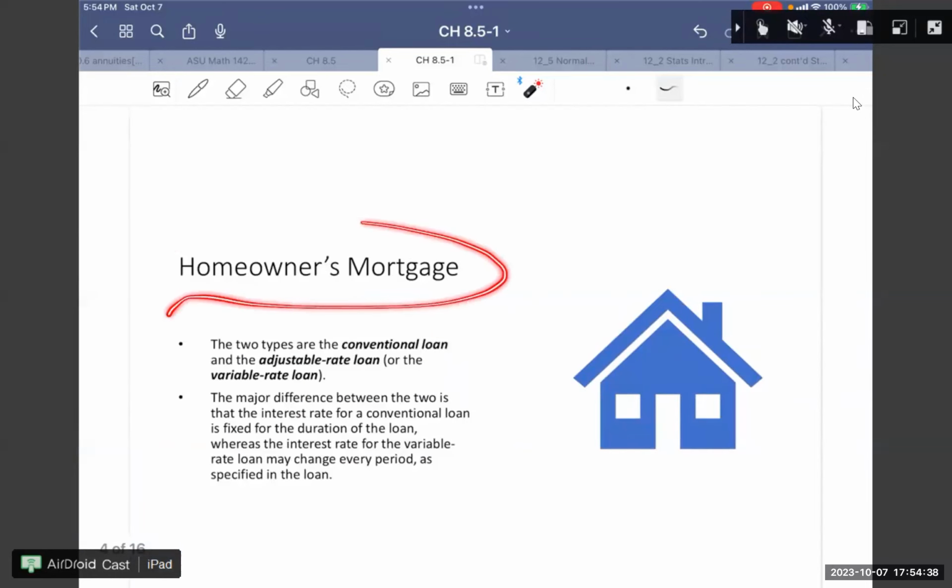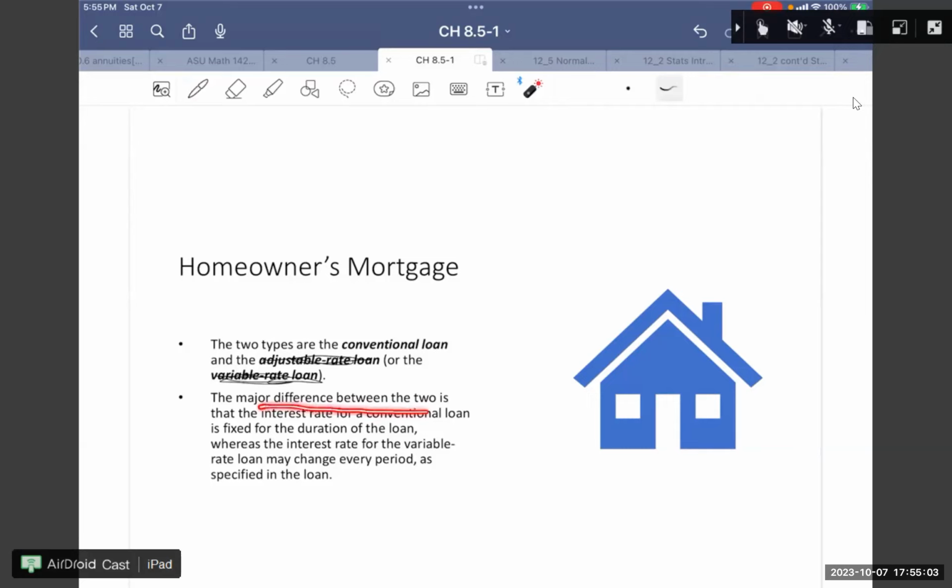For the homeowner mortgage, we have two types: the conventional loan and the adjustable-rate loan with variable rates. Here we do not learn the variable rates.